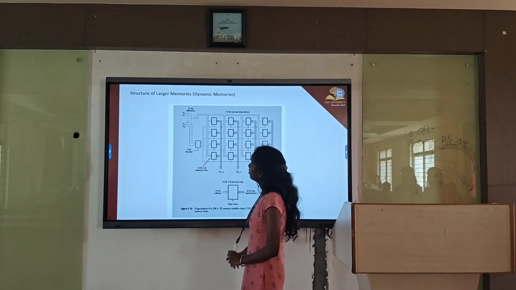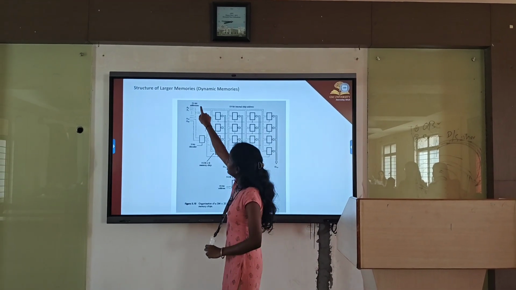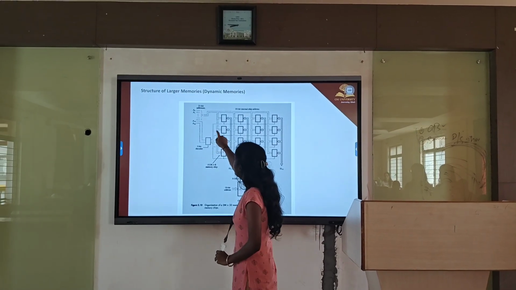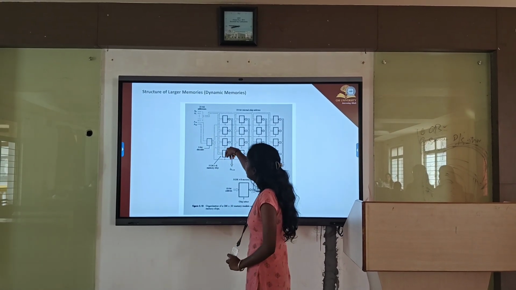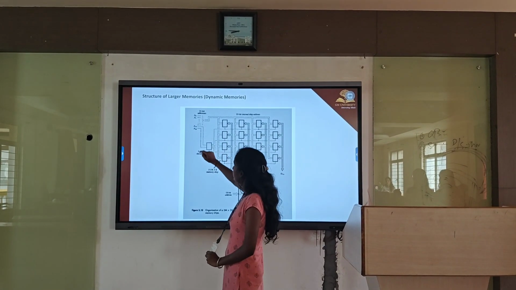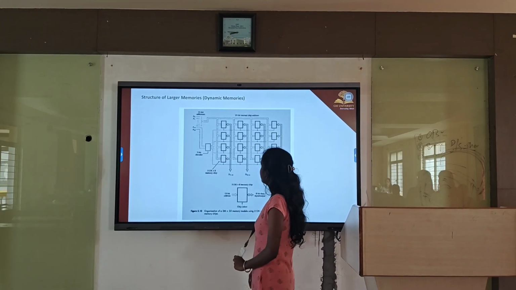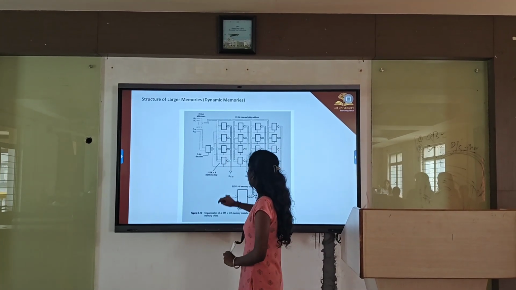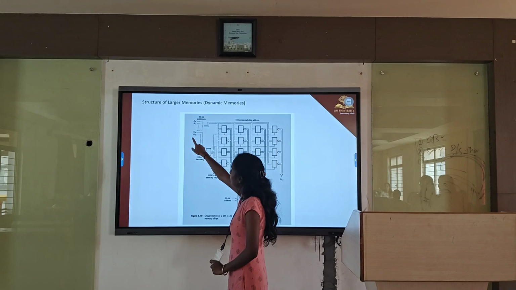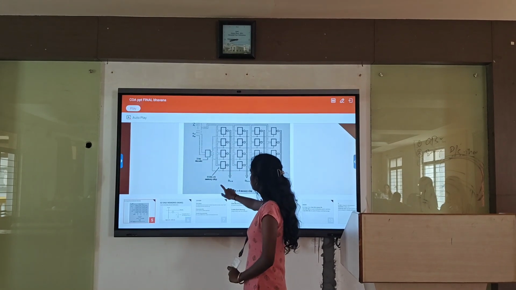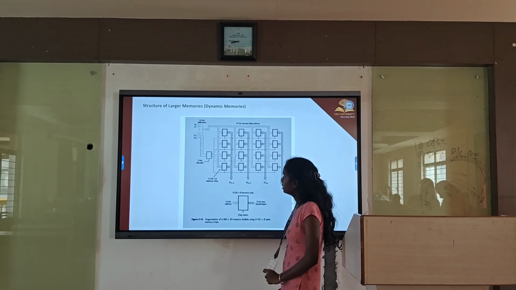This is the structure of a larger memory. It has a 21-bit address, with input address A0 to A20. A0 to A18 is the input address that goes directly inside the memory. A19 and A20 go to a 2-bit decoder.